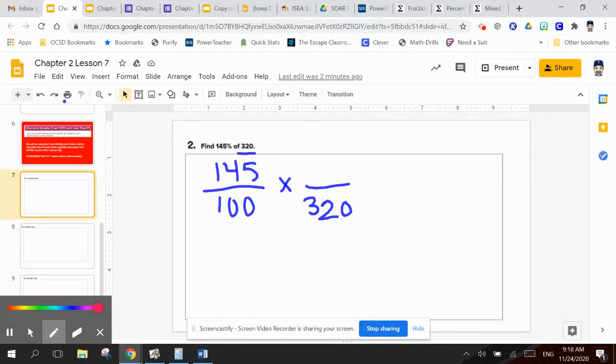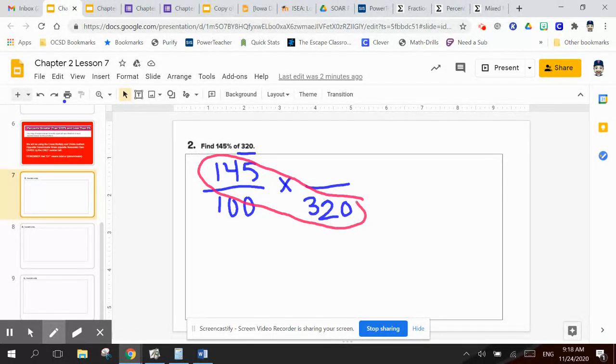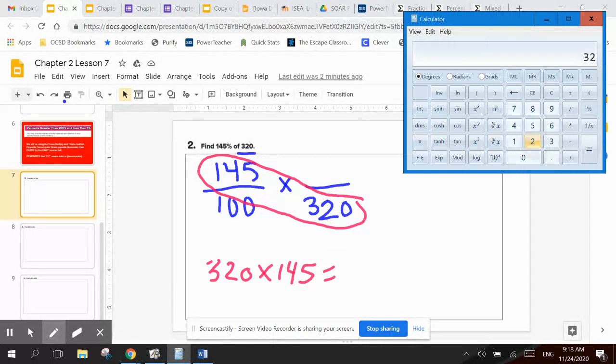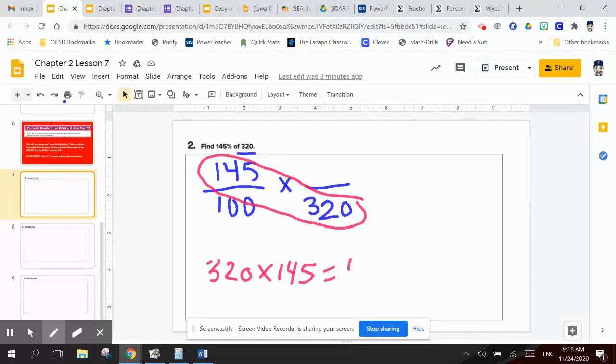So I cross multiply. 320 times 145 is 46,400. And again, I'm going to divide that by the only number that I have left, which is 100.